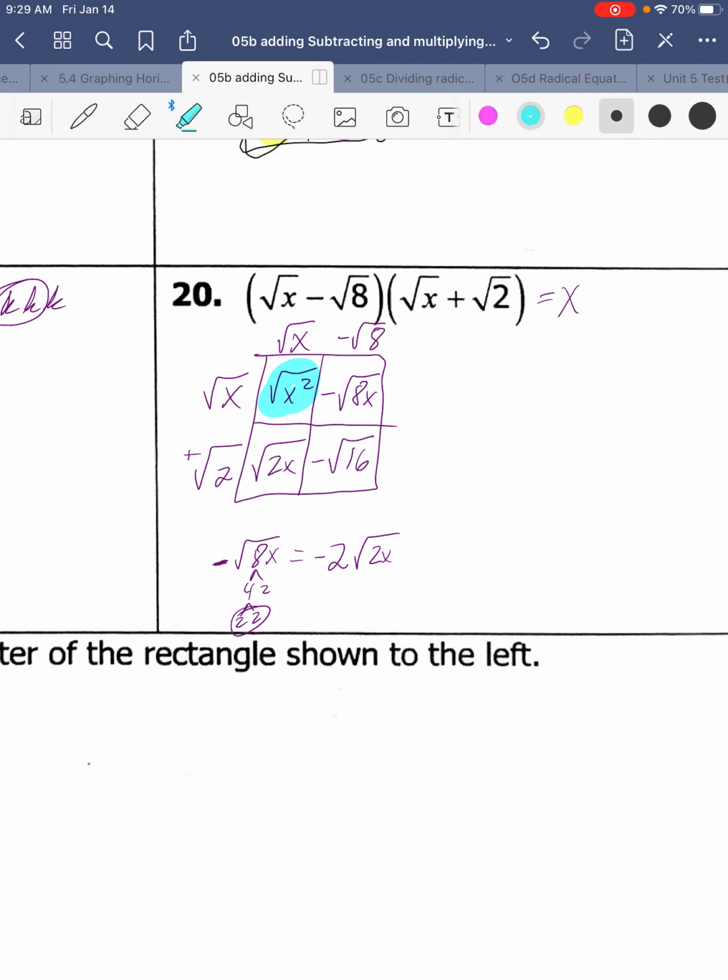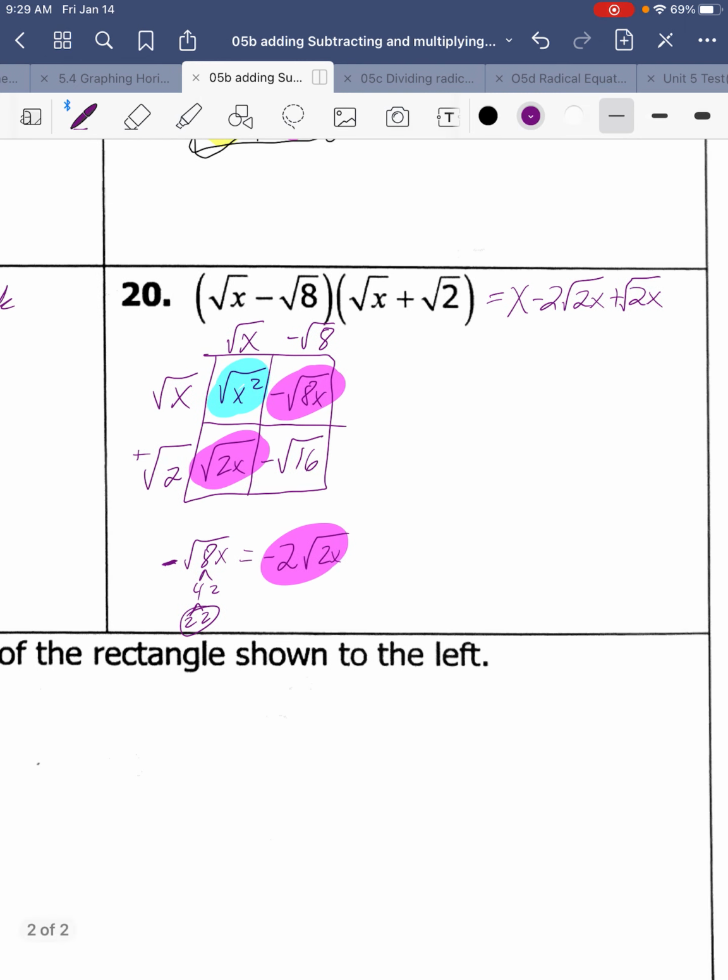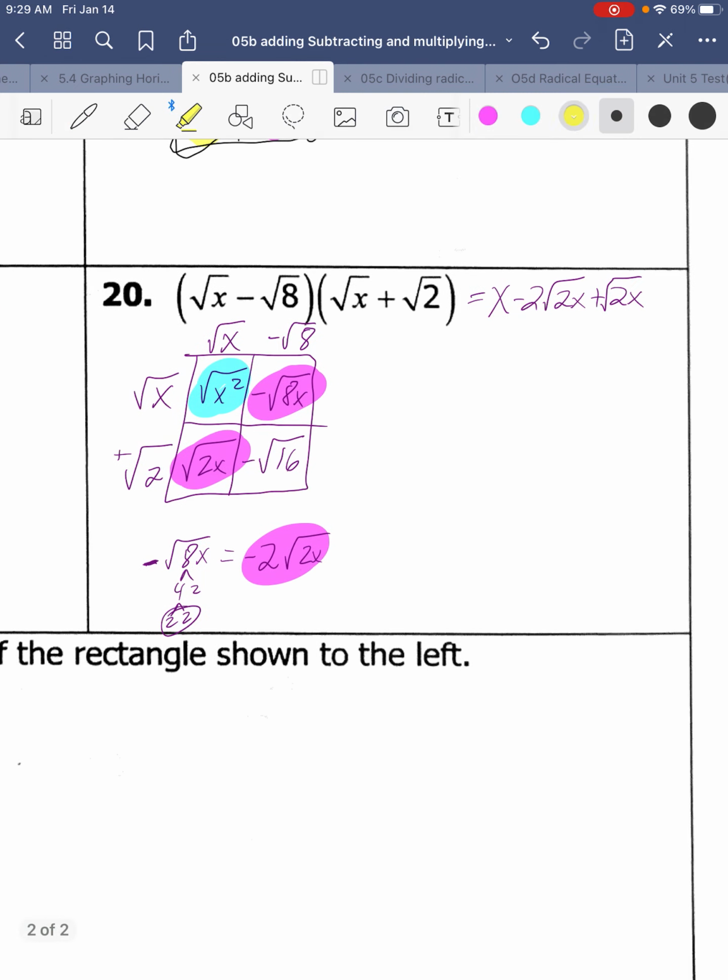So I'm just going to rewrite what we have here. This is going to become negative 2 square root of 2x, and we're going to add the square root of 2x. And then lastly, we have the square root of 16 with a negative on the outside. That's going to become negative 4, so minus 4.